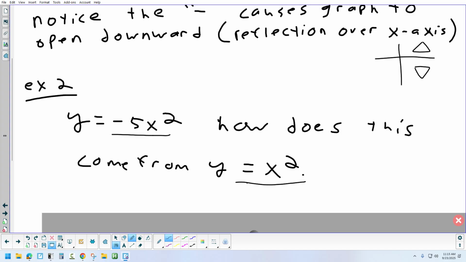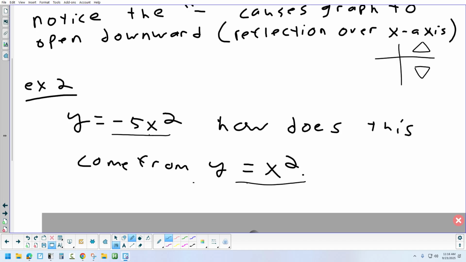How many things do you have to do? Yep, two. There are two things happening to change this into that.